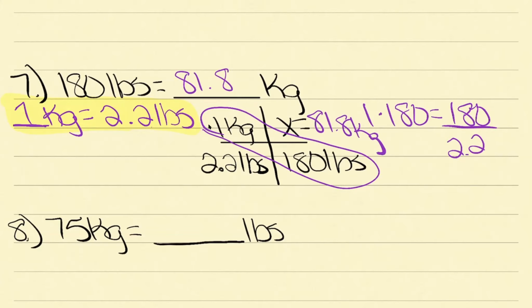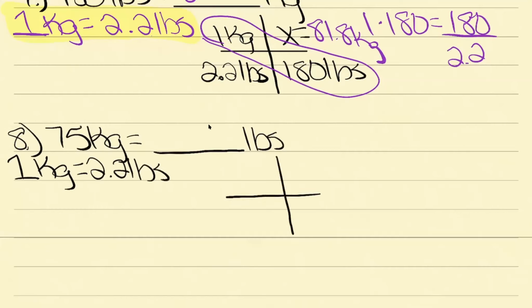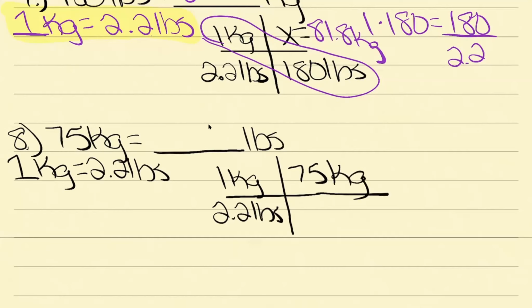And then the last one, 75 kilograms is how many pounds? So now we're doing the opposite. 1 kilogram equals 2.2 pounds. But instead, 75, since we're talking about kilograms, is going to go at the top right because we're matching the units.